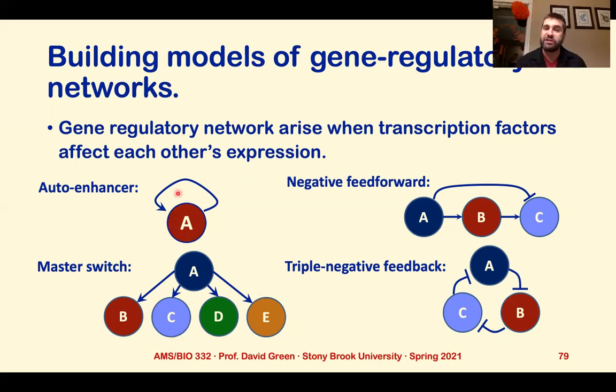Other types of gene regulatory networks might include things like a transcription factor acting as some sort of a master switch. A single transcription factor is an activator for multiple different genes.